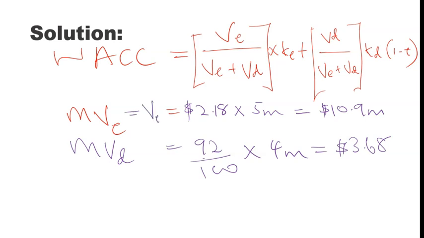Market value of debt in that formula is equal to VD. All right, then VD plus VE, we get the total. So let us see the total. 3.68 plus 10.9, that's 14.58. So the total is 14.58 million.